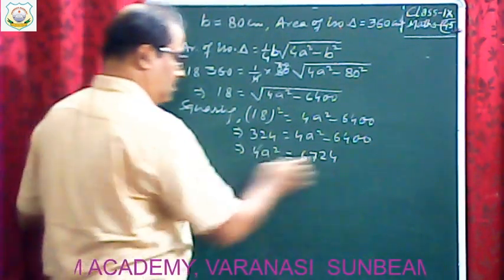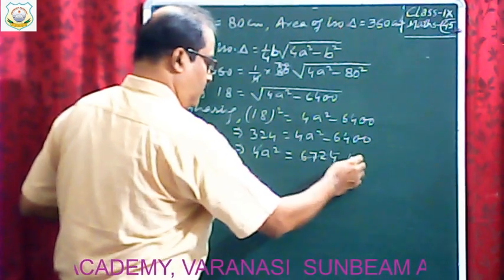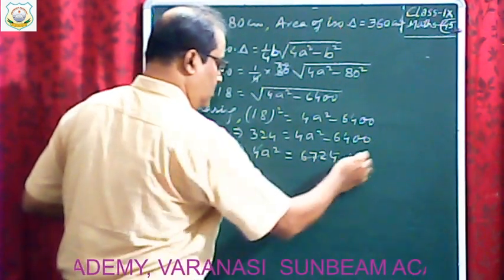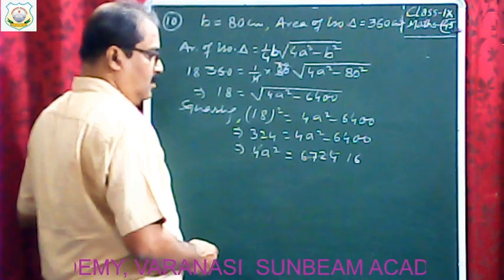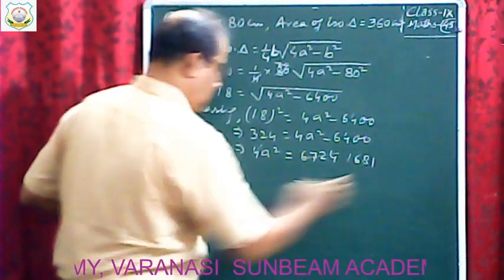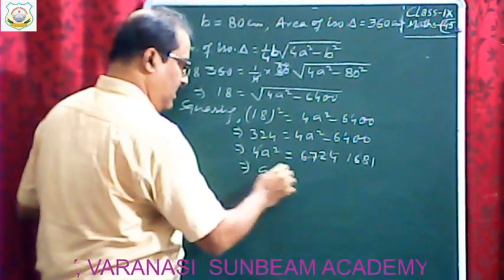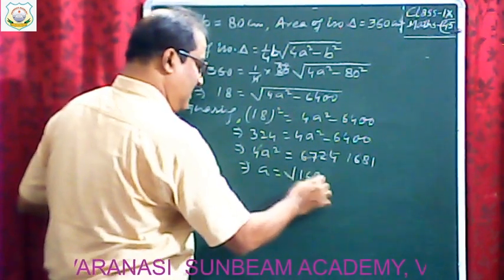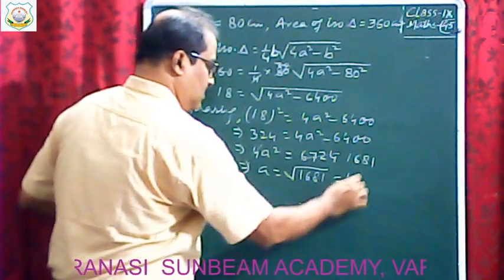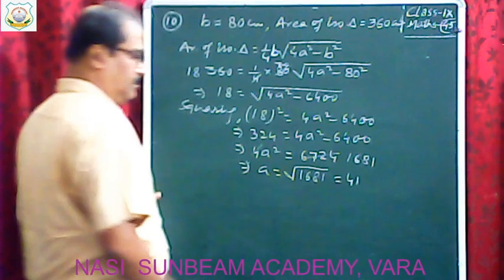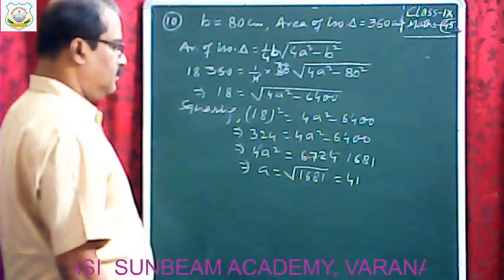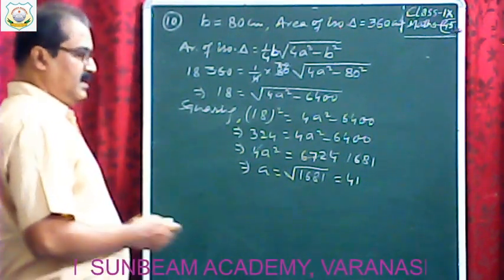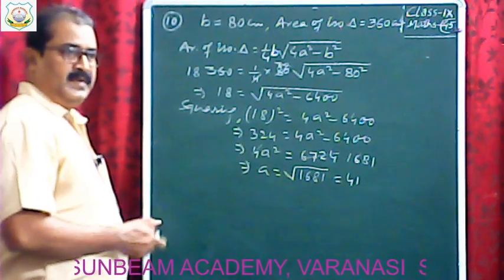Now reduce, 4 1s are 4, 4 6s are 24, 4 8s are... So a square equal to 1681, a equal to square root of 1681, that is equal to 41. Okay, we get the length of each equal side.